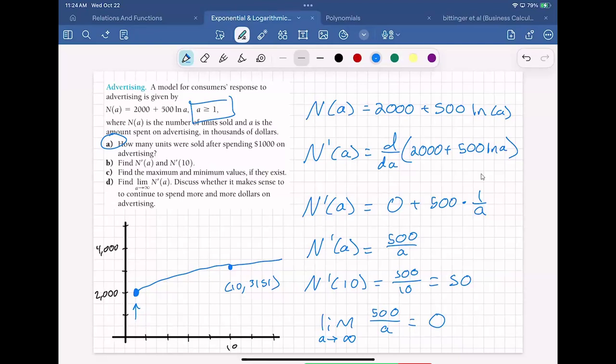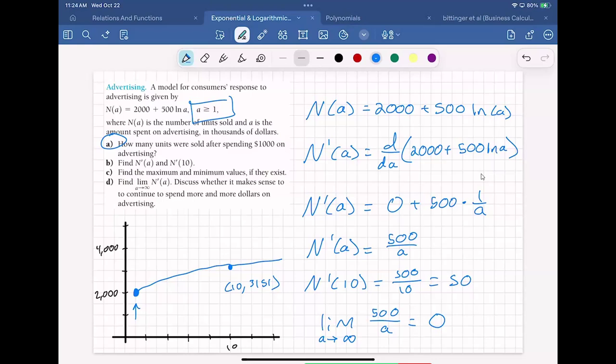So with that said, their question is, does it make sense to continue spending more and more money on advertising? Or is there a point where you would consider that, hey, we've spent enough? The more they spend, the more revenue they have.